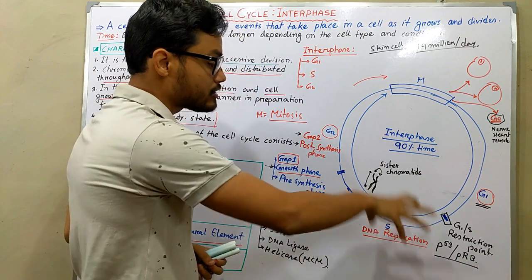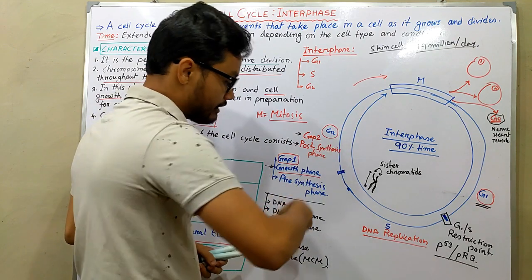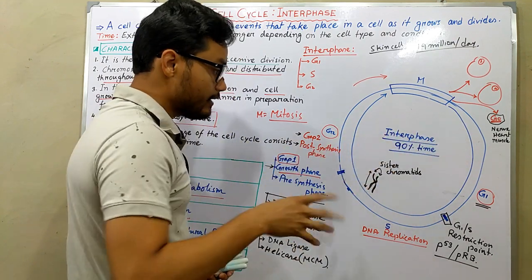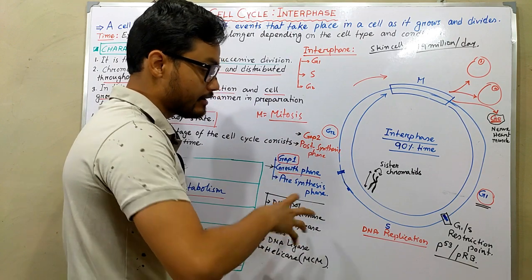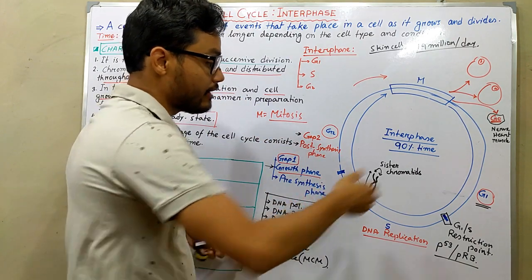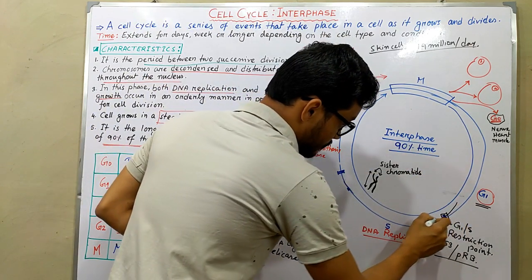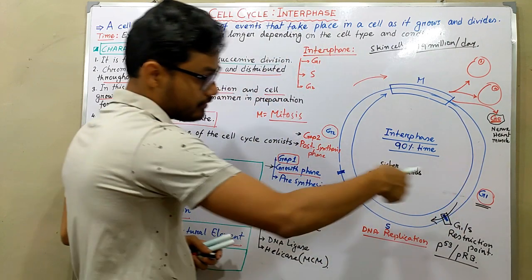If all the proteins are matured and have no deformities, then the restriction point allows the cell to pass from G1 to S.